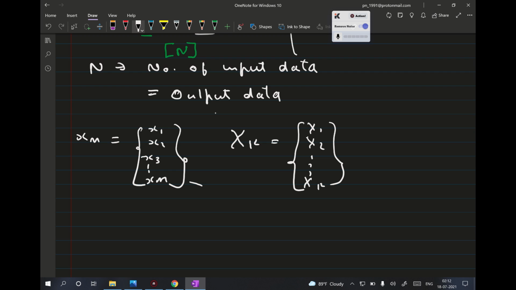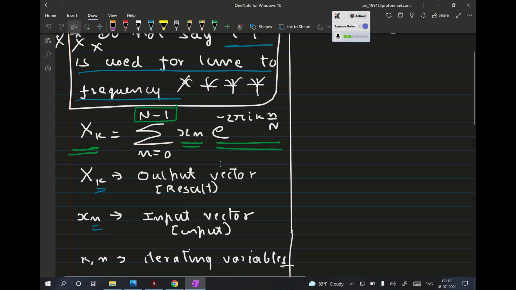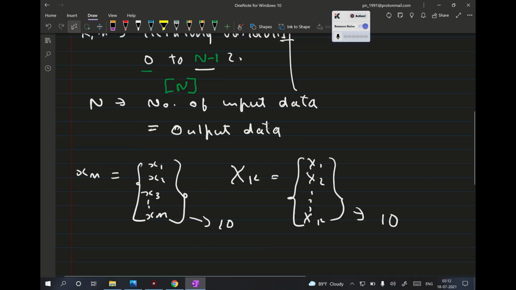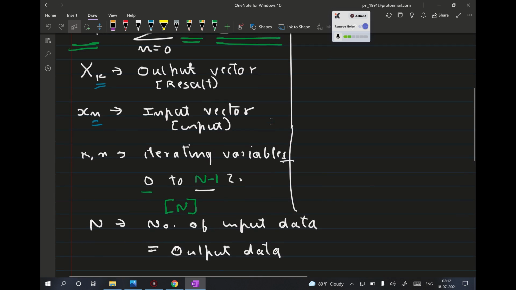If it is of size 10, it will be of size 10. If that is clear, we are done with the variable defining.